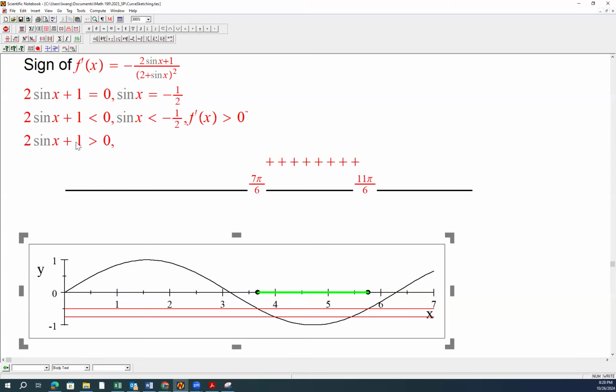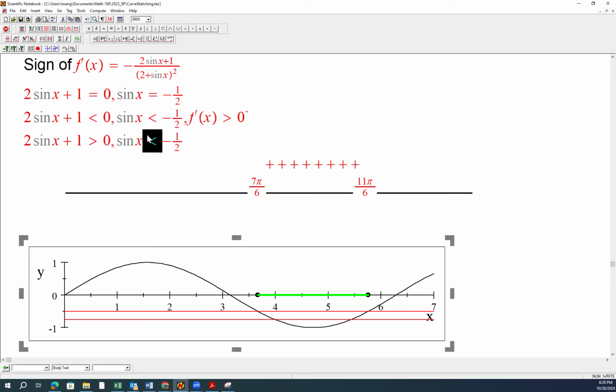Then sine x will be greater than negative half. If 2 times sine x plus 1 is greater than 0, what are those? Those are all of the other reds.